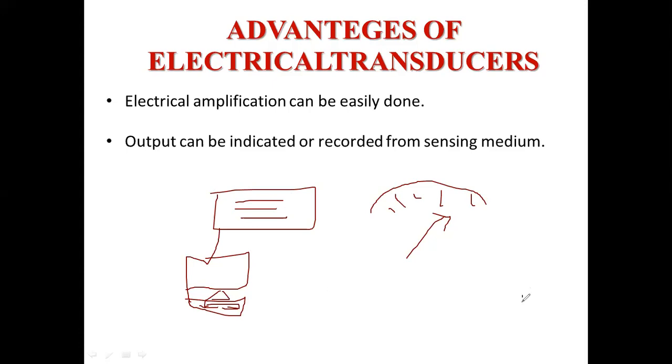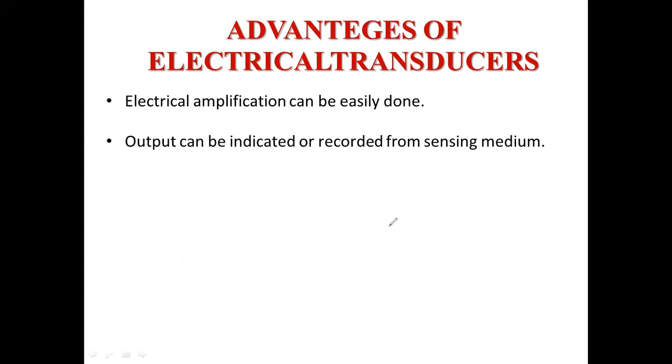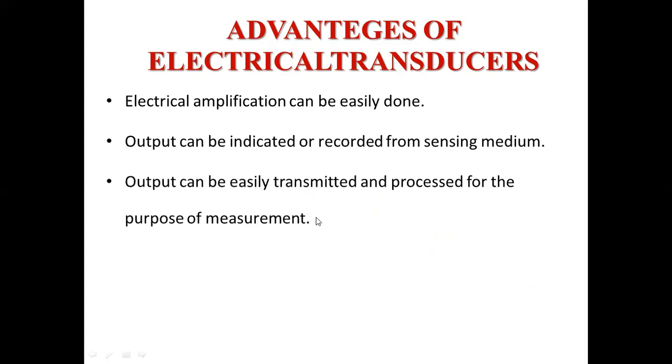The output we can take will indicate as well as record from the sensing medium. Third, the output can be easily transmitted and processed for the purpose of measurement. We can send the output from one place to another and use it for measurement.